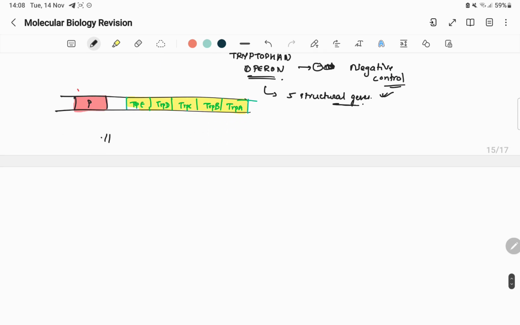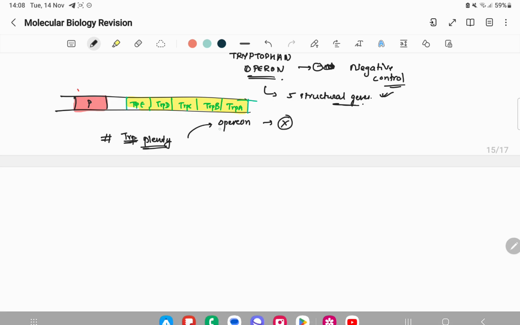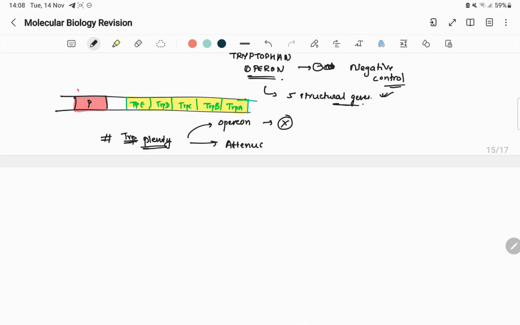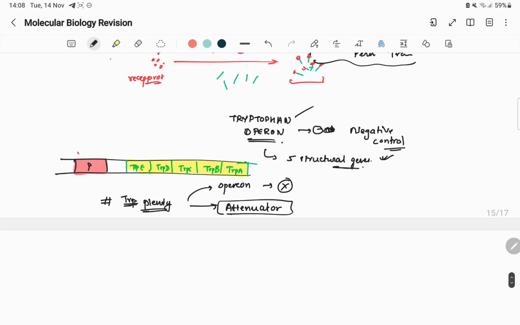First, let's take the case that tryptophan is plenty. If you have plenty of tryptophan, there is no need for synthesis, so the operon is switched off by an attenuator. The main mechanism by which the tryptophan operon works is called attenuation.